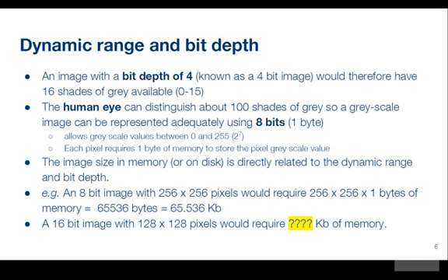In terms of grayscale, if an image has what we call a bit depth of 4, or a 4-bit image, we would use 16 shades of gray. Now, the human eye is actually able to distinguish up to about 100. So generally, when we're storing digital images, we don't really need to use much more than 8 bits.